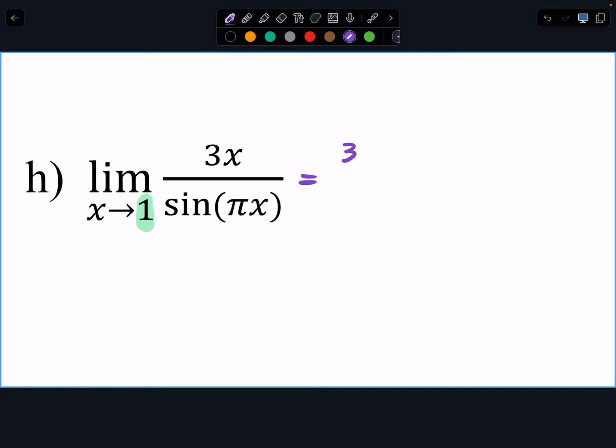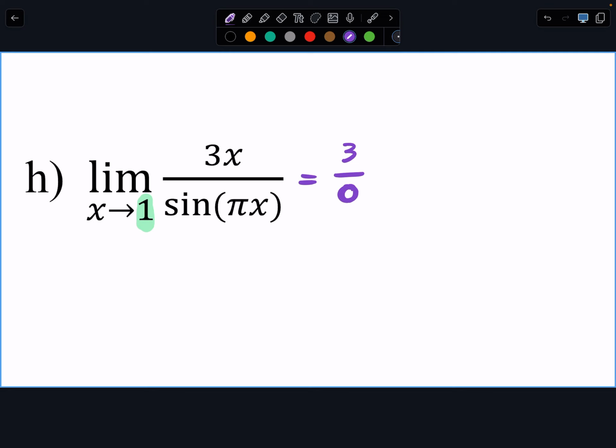Not 0 in the numerator, but we do get 0 in the denominator, which, like, oh, what's that mean? If we think back to when we were graphing secant and cosecant, the reciprocals of cosine and sine, couldn't this be written as 3x times cosecant of pi times x?